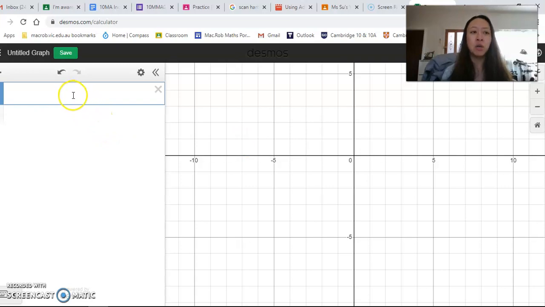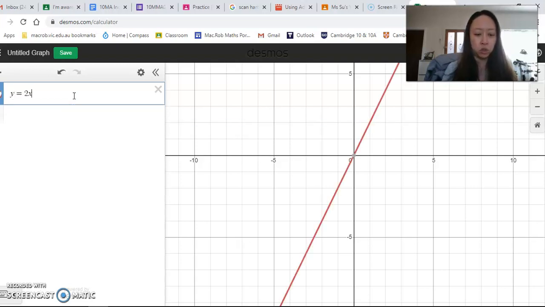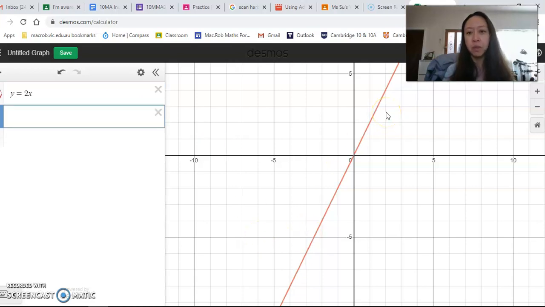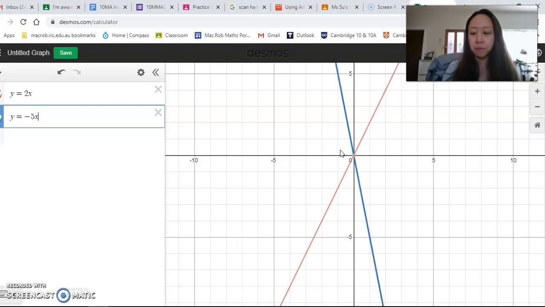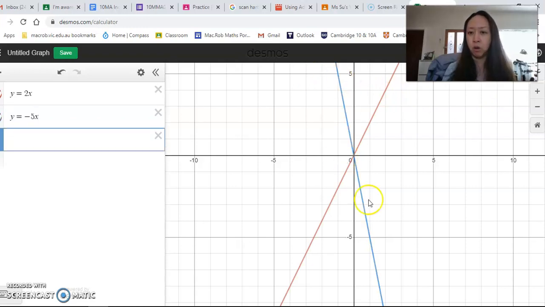As we mentioned just now, y = 2x was the first graph that passes through the origin. We can see that it's a graph that passes through the origin, which is the point (0, 0) over here. Just now I also mentioned y = -5x, which is another line that passes through the origin.